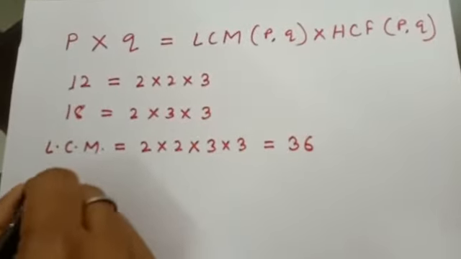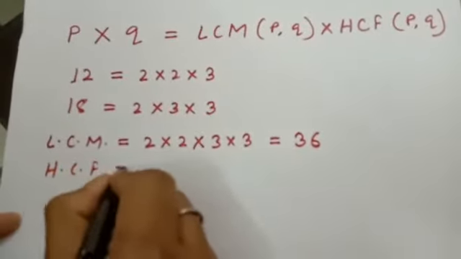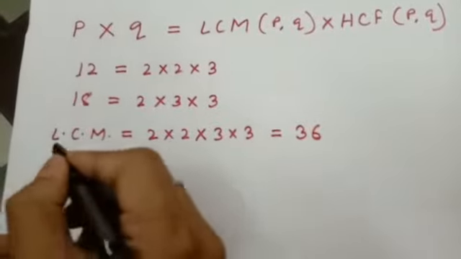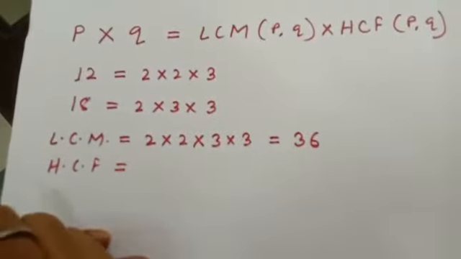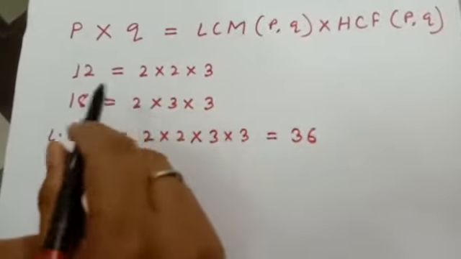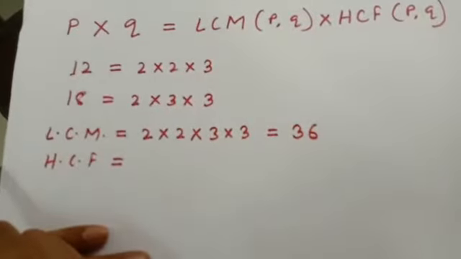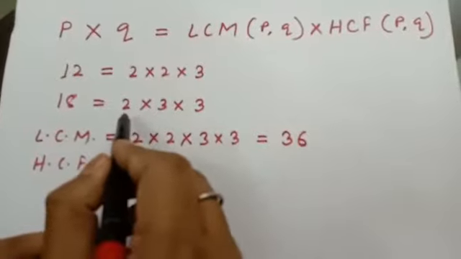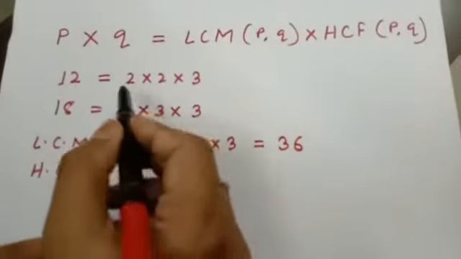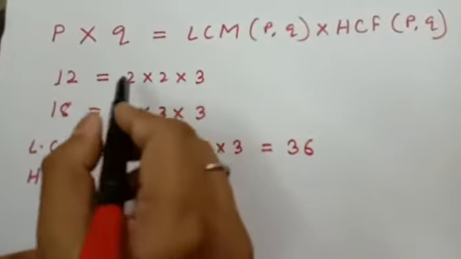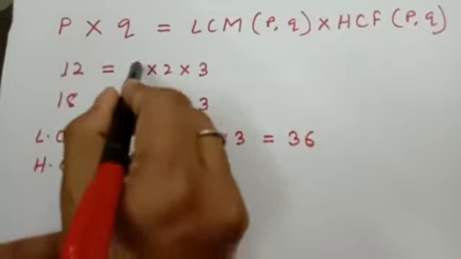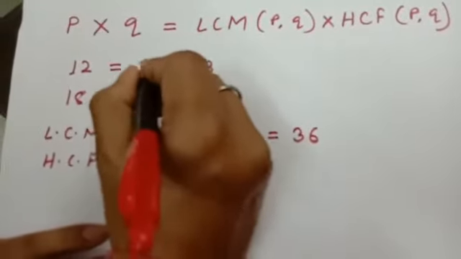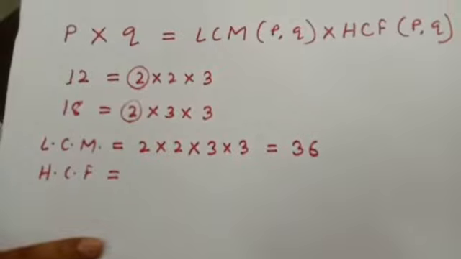Now how can we find the HCF? When we find the HCF, find the common group of these two numbers. So what is common in these prime factorizations? You can see one 2 is common. Here it is one 2 and in this we are also getting one 2.